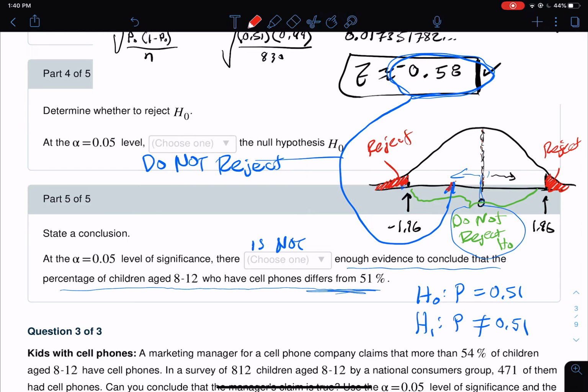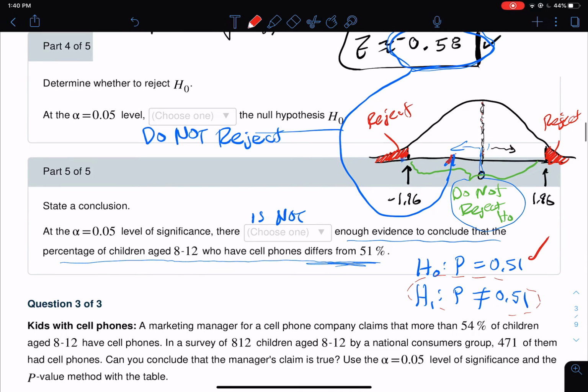If we had rejected the null, we would clearly say it differs. But because we didn't reject it, there is not enough evidence to conclude that ages 8 through 12 who have cell phones differ from 51%. We cannot conclude that because we did not reject the null. Okay, that's how that goes.